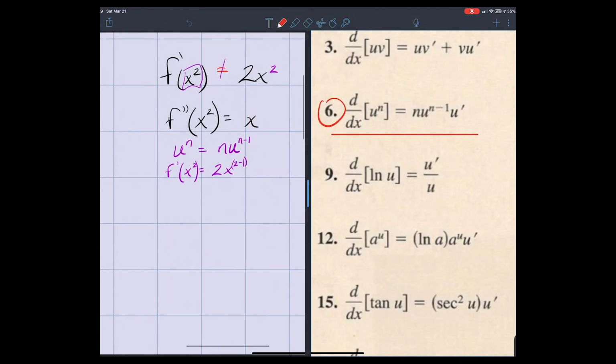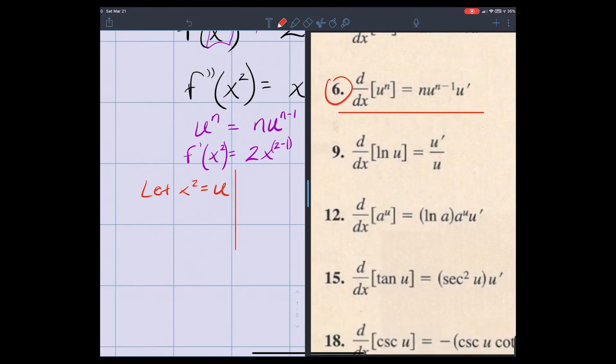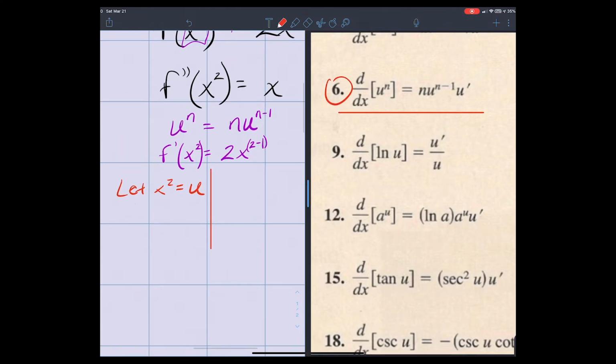We're going to let x squared equal u. And on the other side, what we're going to say is that to get f prime of u, we need to do this thing that will equal n u to the n minus 1.